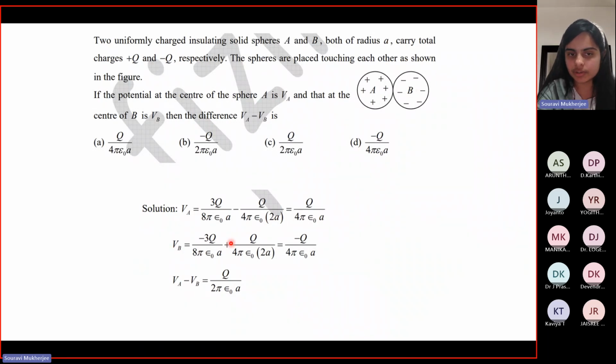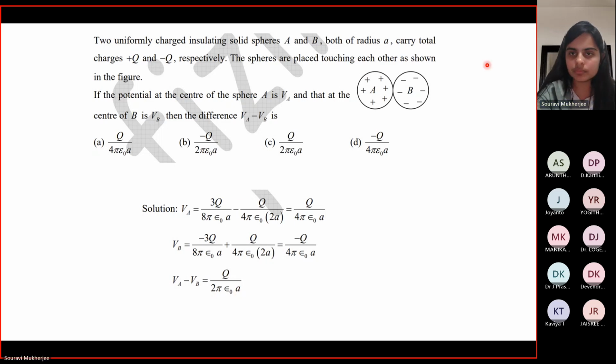It's minus 3Q by 8 pi epsilon naught a plus Q by 4 pi epsilon naught into 2a. Here you have plus because A is positively charged and this was negatively charged, so be careful about the charges. Now you get an expression for VA and VB, so you can find the difference. So this is your answer, right?